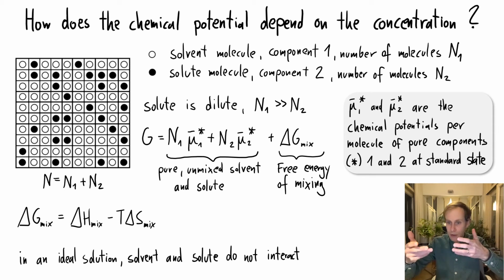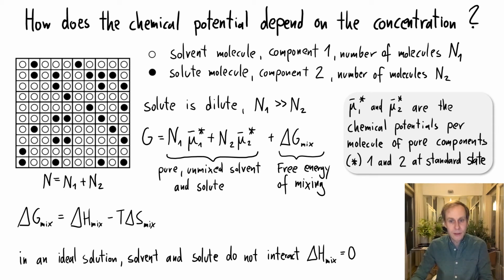There's no interaction, and that allows us to cancel out delta H mixing, no enthalpy of mixing, because attractions and repulsions between solvent and solute molecules would result in an enthalpy of mixing. But we don't have that here, so that term is zero. Therefore, in an ideal solution, the Gibbs free energy of mixing is simply given by the second term, the negative temperature times the entropy of mixing. So now we need to figure out what is that entropy of mixing.